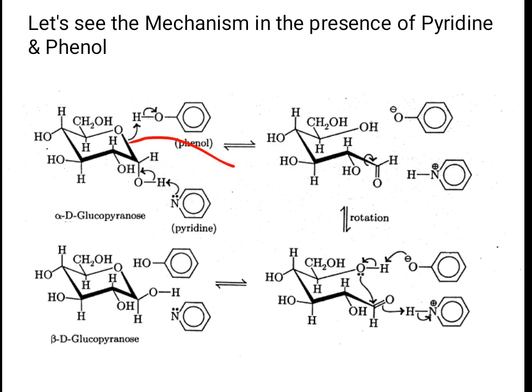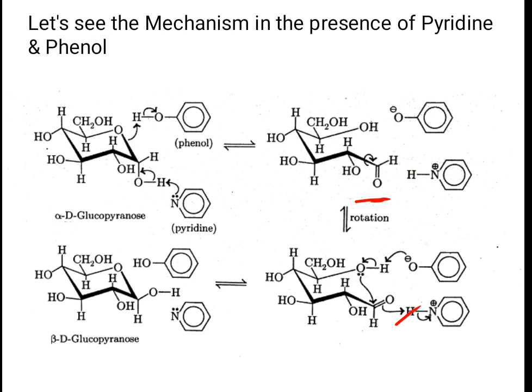This O will immediately take a proton from this phenol. So you will get this open ring structure, and again there is a possibility of bond rotation. So if this bond rotates, this carbon will go to the top, this hydrogen will go to the bottom.